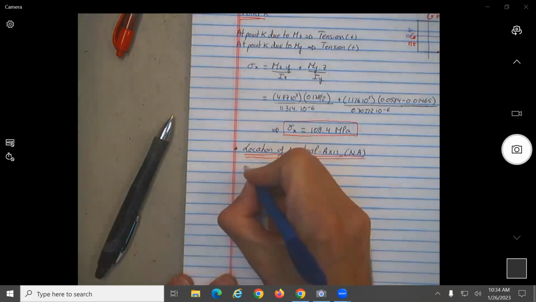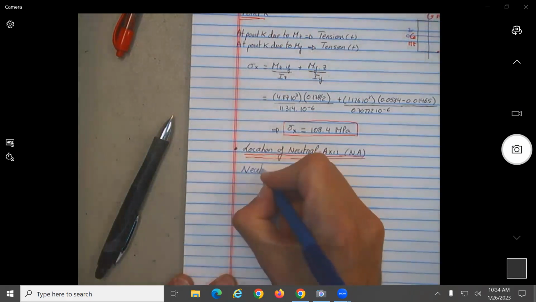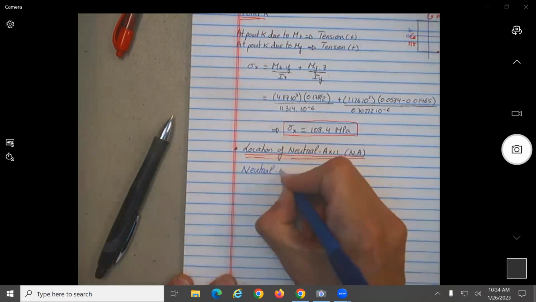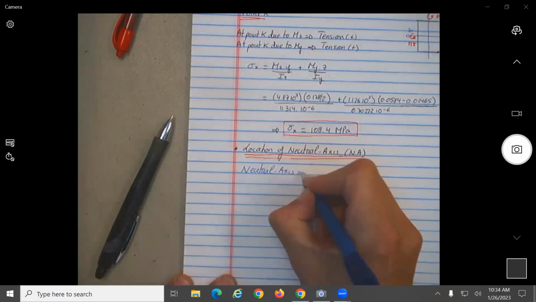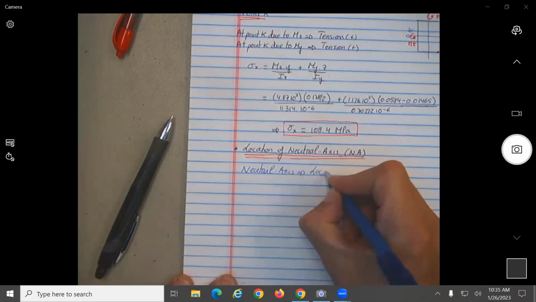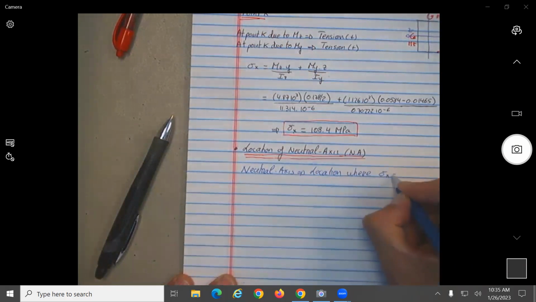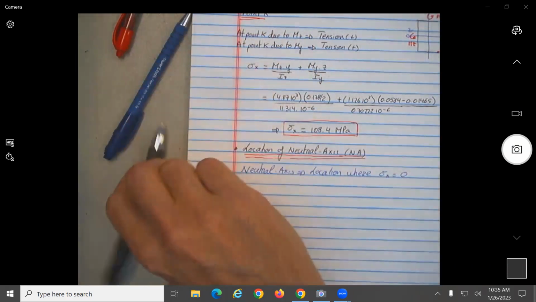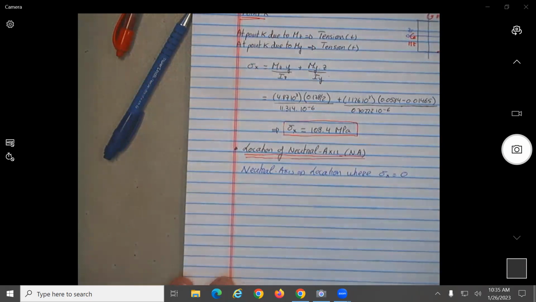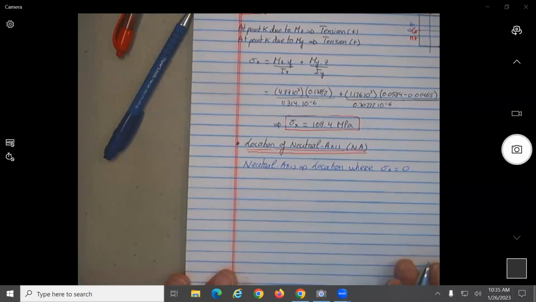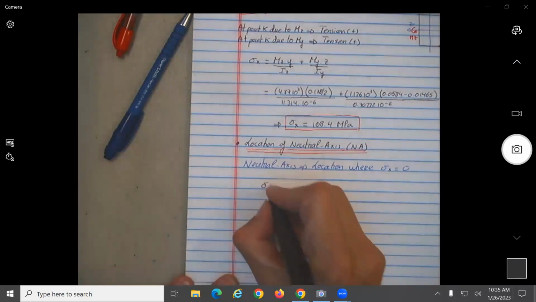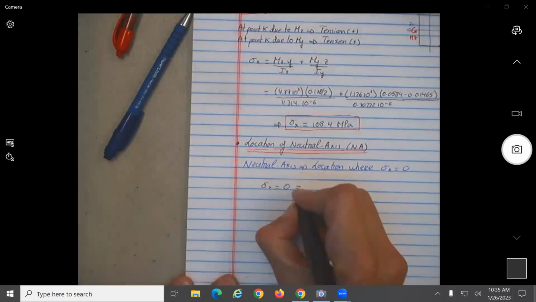So what's the definition of neutral axis? Correct. The neutral axis is the location where the stress due to bending is equal to 0, no? So you don't need to remember any equation. If the stress is equal to 0, we can rewrite the same equation.